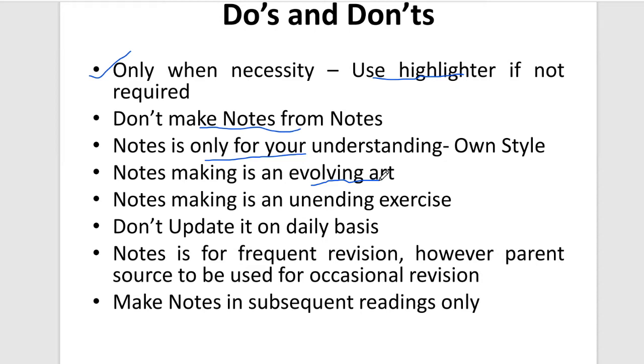I should have avoided some extra points here, or I could have saved my time. So this is an evolving art. As you become mature in the preparation cycle, your art of note making develops. So please do not be under the impression that from day one you will start making an impressive note; it will be an evolving exercise, an evolving art.